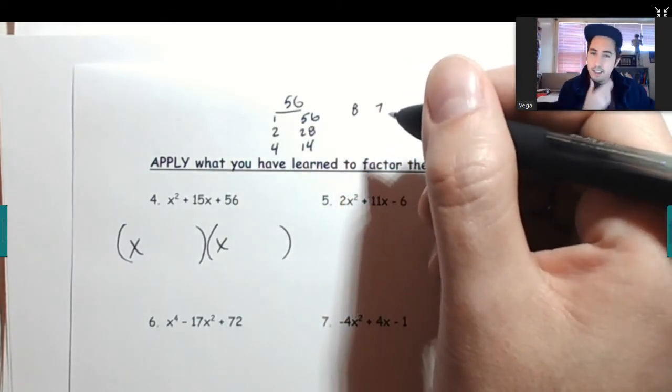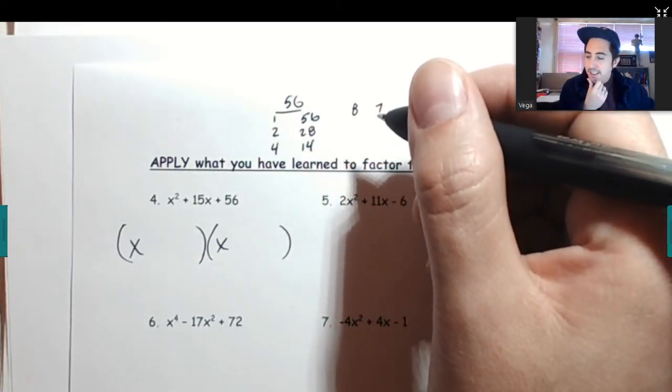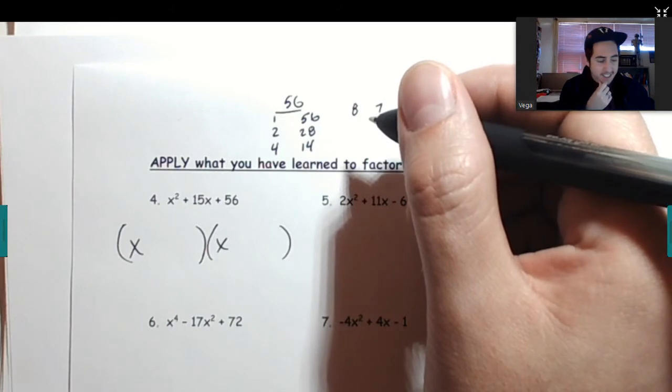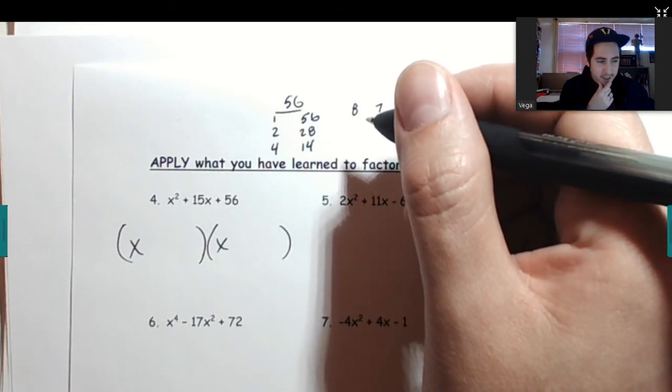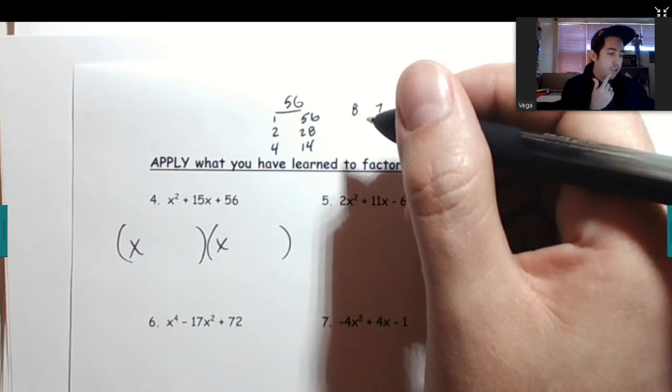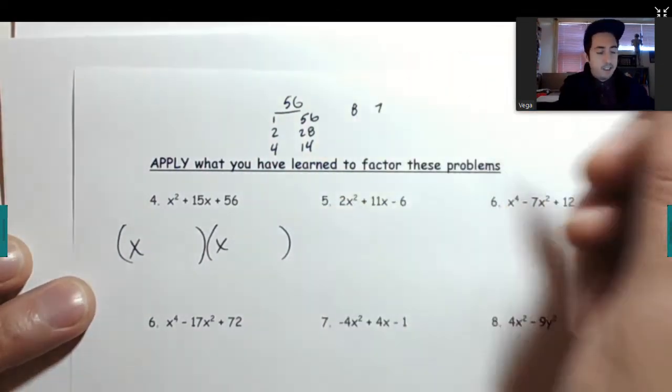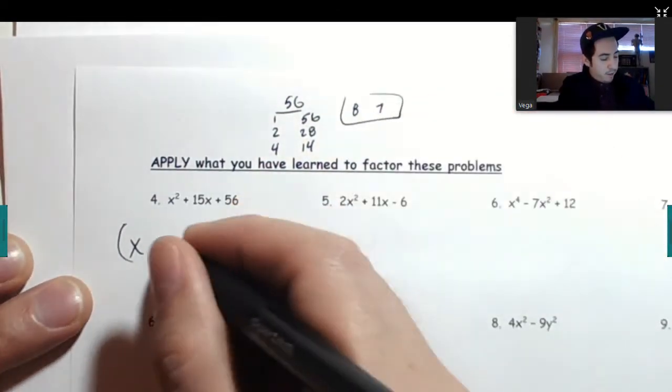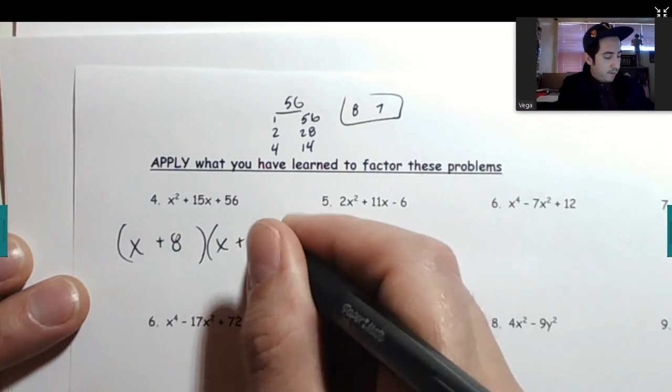Does 3 go in there? 3 does not. So those numbers, which add up to 15? 8 and 7 do. So x plus 8 times x plus 7. Check.